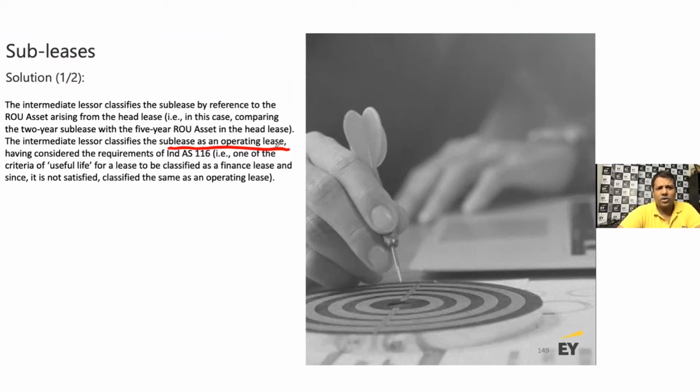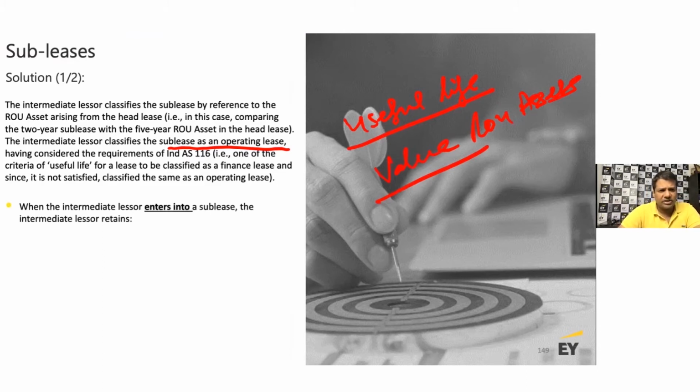Since it is not satisfied, classify the same as an operating lease. So again, you're going to look at useful life, or you're going to look at the value with reference to the ROU asset, okay? What I was paying for 5 years, assuming you will not be able to recover substantially in 2 years, right? And anyway, that information is not available in the question.